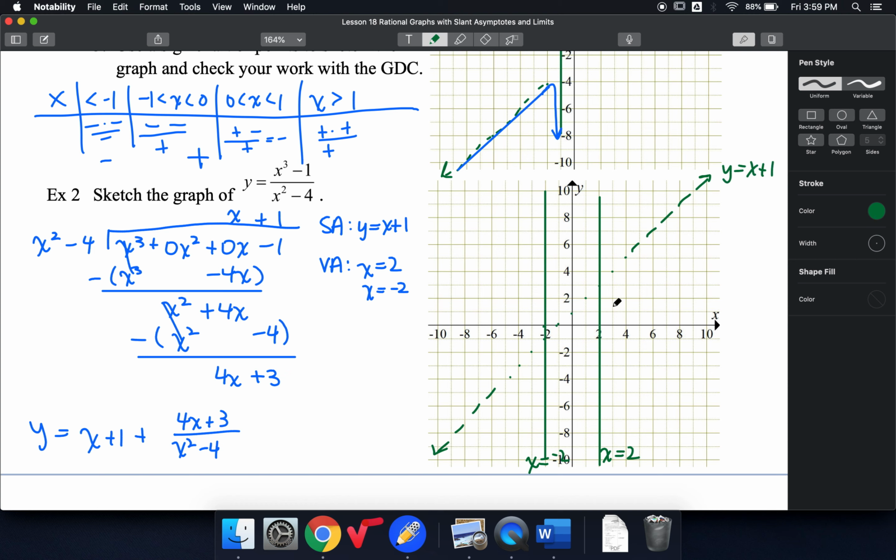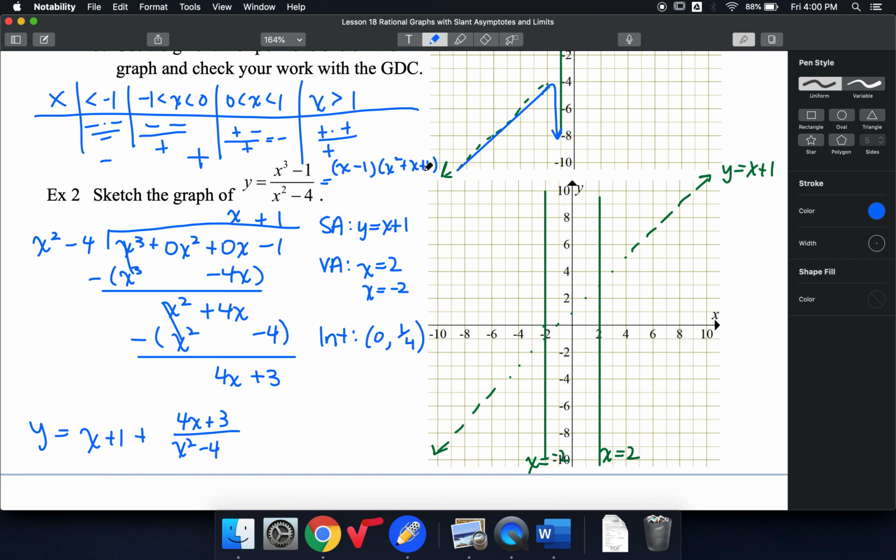All right, let's think about intercepts. When x equals 0, my y value will be negative 1 over negative 4, so that's going to be positive 1/4. To set this equal to 0, now I do care how it factors. So that is x minus 1, x squared plus x plus 1.